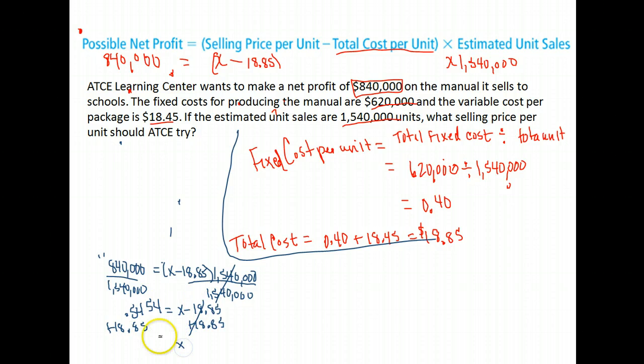And that gives me my answer of 19.39545, but again, we want to round to the nearest cent, which is 2 places after the decimal. That 39 would round up to a 40. So I get $19.40. So again, in a problem like this, if they don't give you the total cost per unit, you'll have to find that first. Then substitute in the values into your formula and solve for whatever is missing.